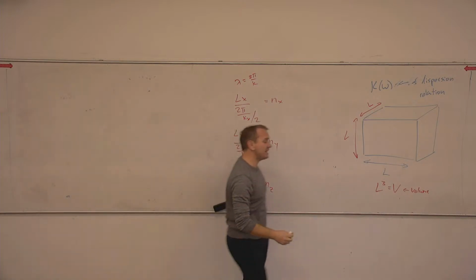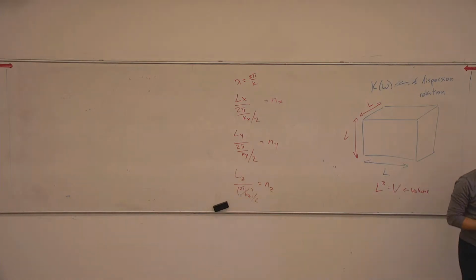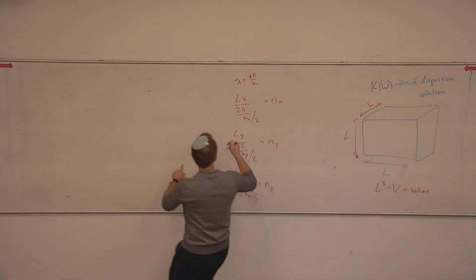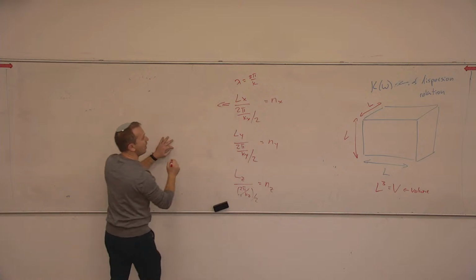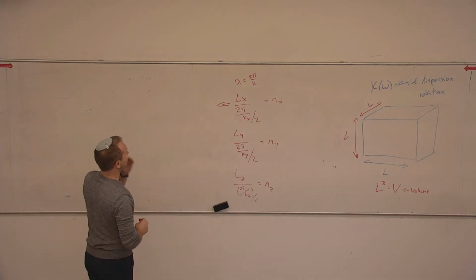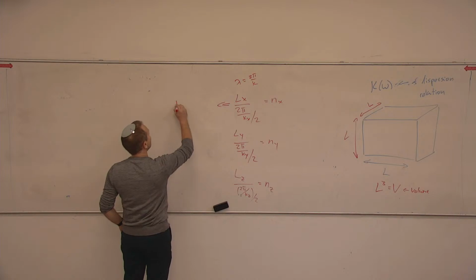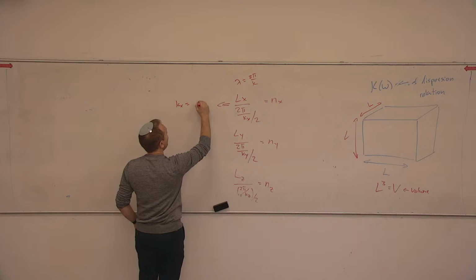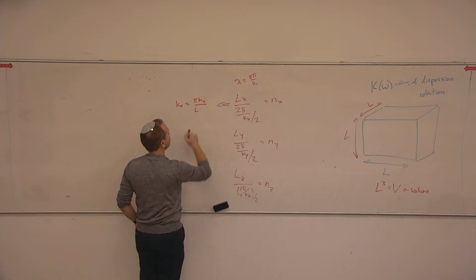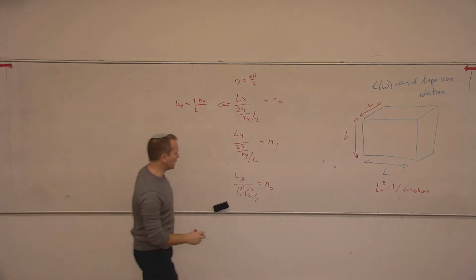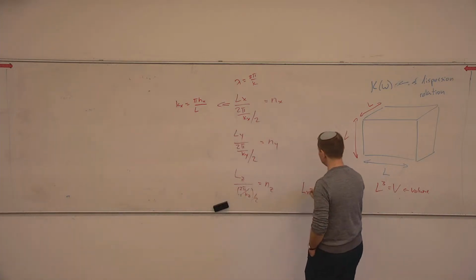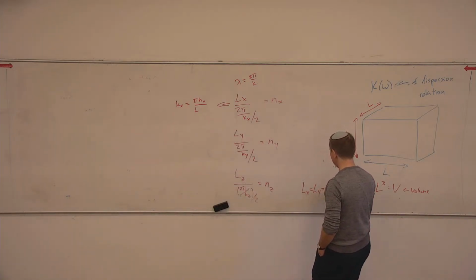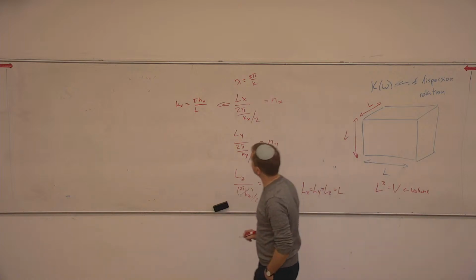From here, I obtain that kx equals nx divided by L multiplied by π. I'm assuming that Lx, Ly, and Lz all equal each other, it's easier.